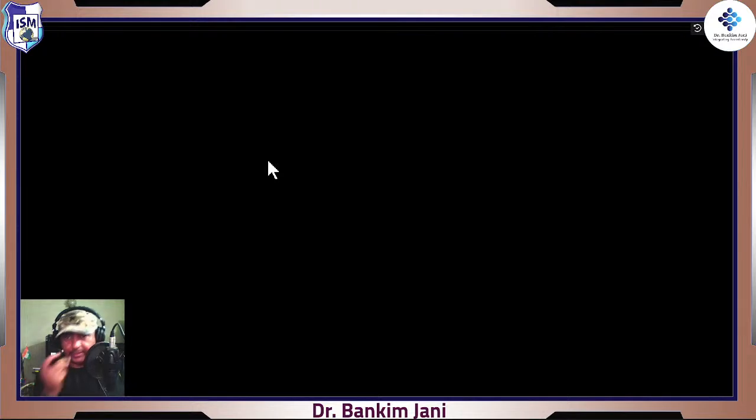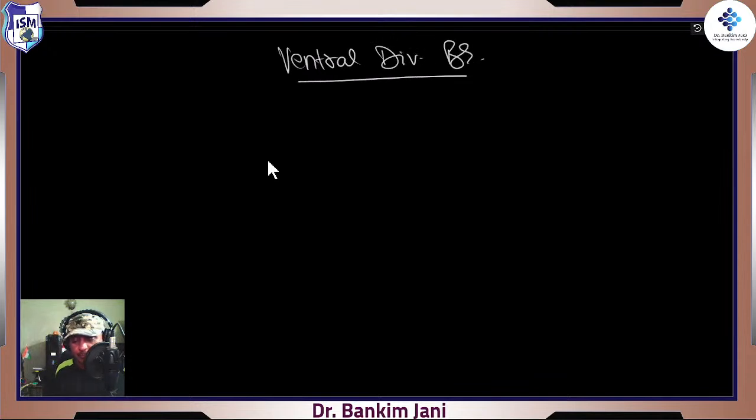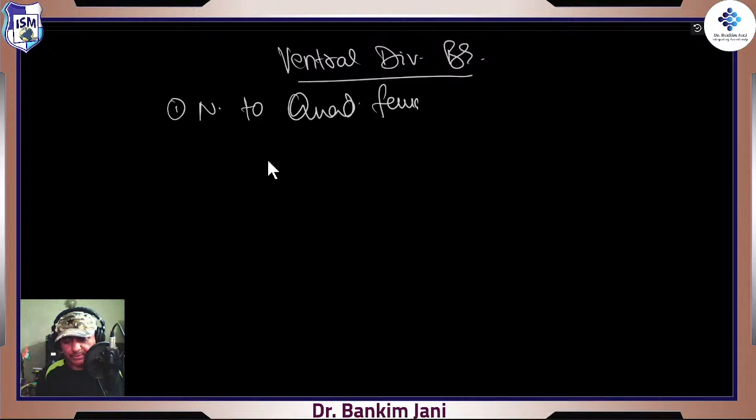Regarding the anterior branches, or the ventral division branch, all anterior, right? So this is nerve to quadratus femoris.